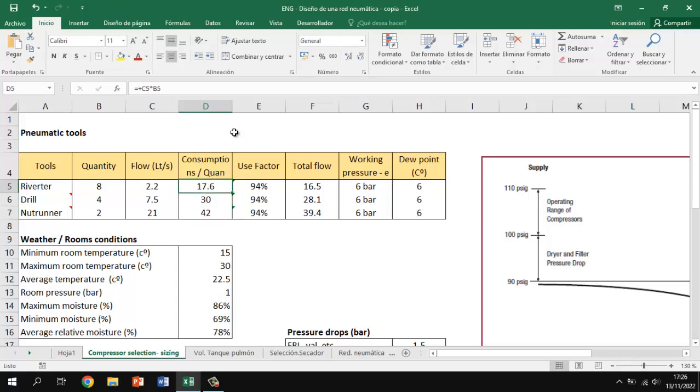Then you should consider, and it's mandatory, you shall consider the use factor. What does it mean? Imagine that you have your working schedule for the day, 8 hours.